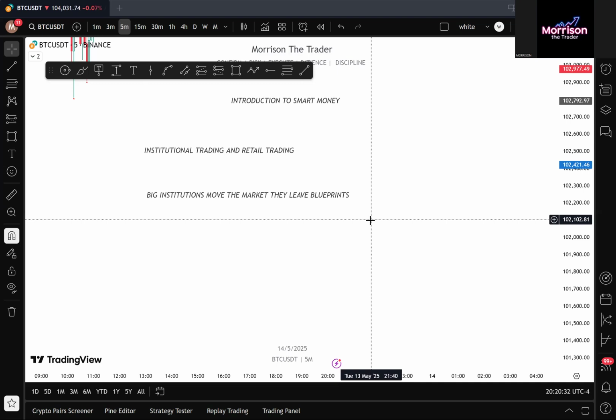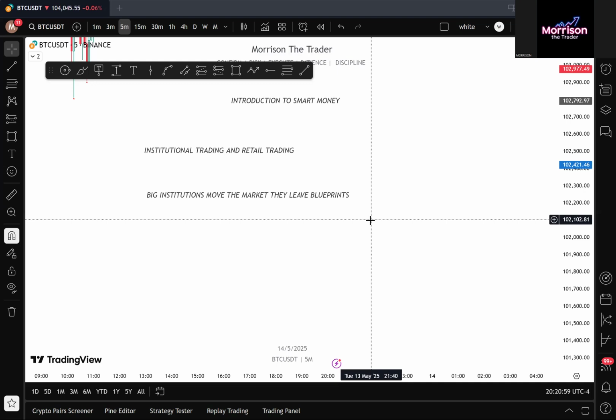Basically, the big institutions are what we call the smart money. So when we are trading like the smart money, we are trading based off what they are doing. We are following their footprints. The marks, the print that they leave on the chart is what we study and then trade like them.